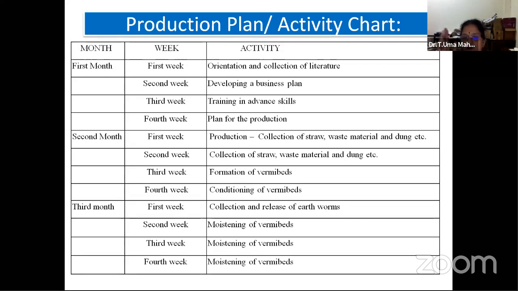So the bed height should be 2 feet, the length 1 meter, and the width 1 meter, and you will get 10 kgs. Based upon that, depending upon the availability of place, you can construct a bed or shed, and you will get an idea of how much quantity you are going to get.